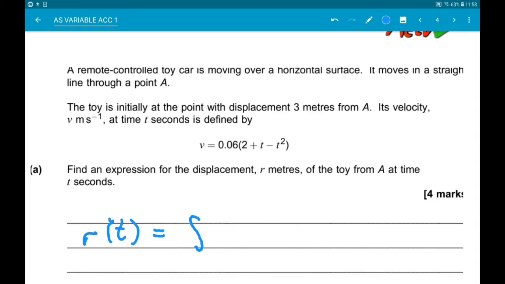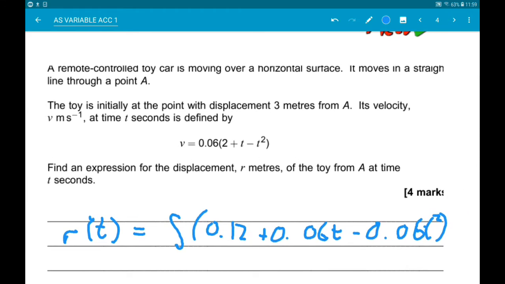So we're going to expand this. So we're going to have 0.12 add 0.06 t minus 0.06 t squared, with respect to t.